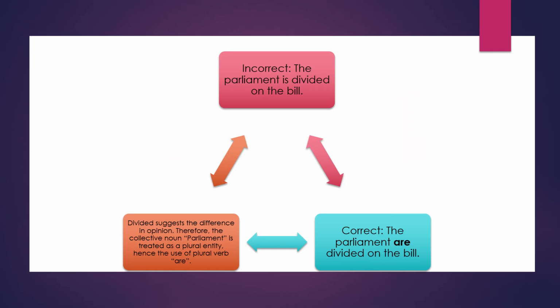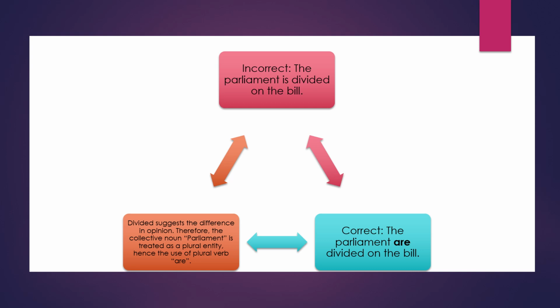The parliament is divided on the will. Now, whenever we have any collective noun in a sentence, the first thing we need to identify is whether this collective noun gives us a common output, a single opinion, a common inference, or whether we have a difference in opinions. Do we have multiple things coming out of that collective noun? Here, because it says that parliament is divided on the will, the collective noun parliament will not be treated as a singular entity.